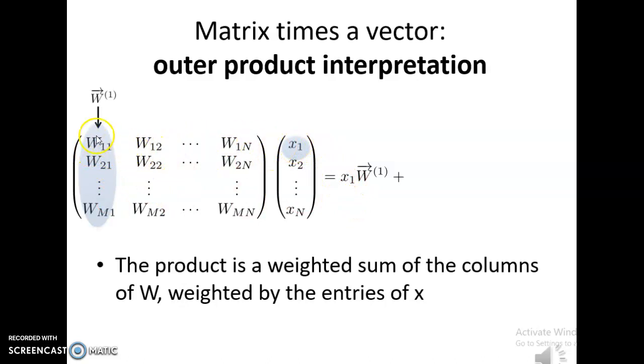x1 w1. We can say this one is w1, this one is w2.